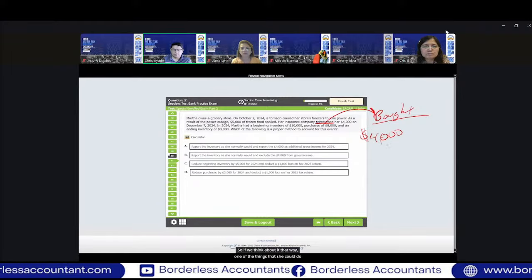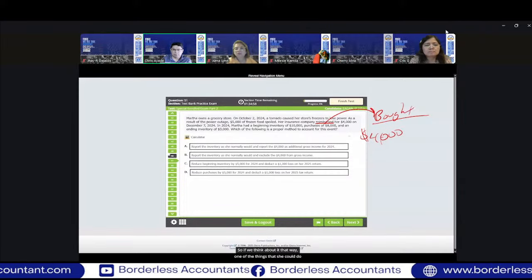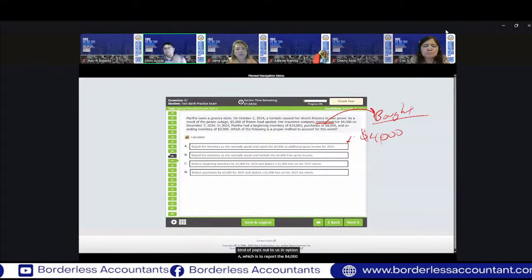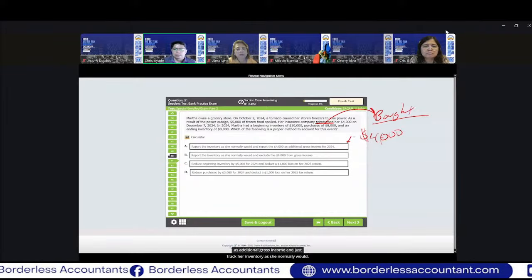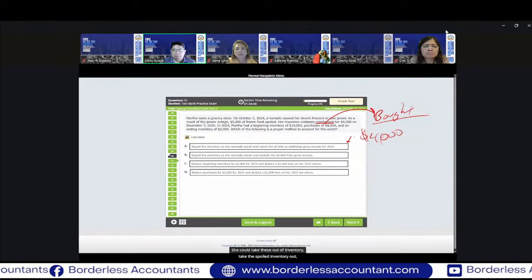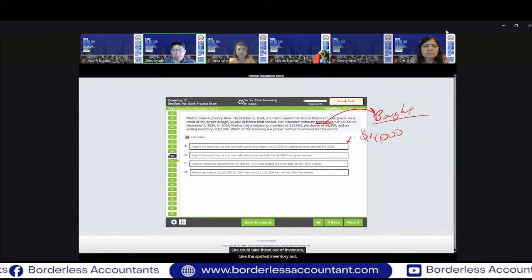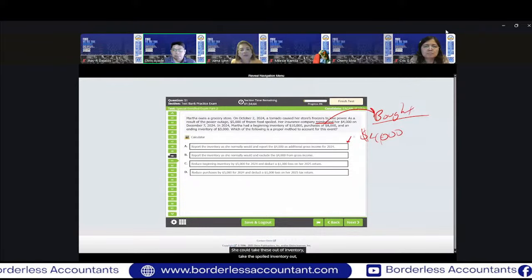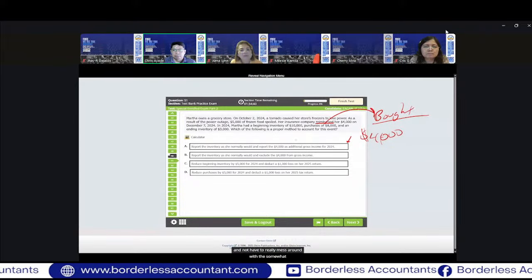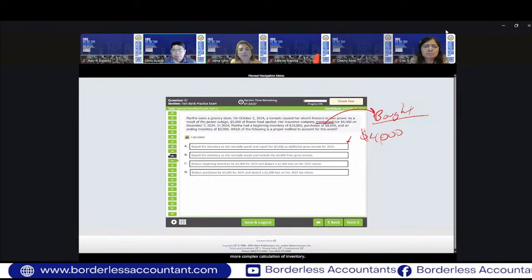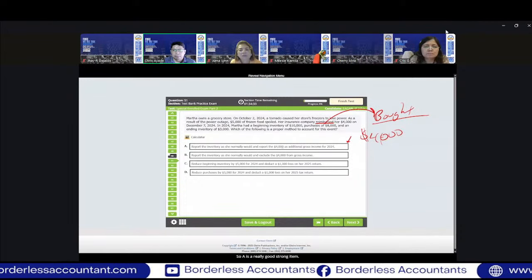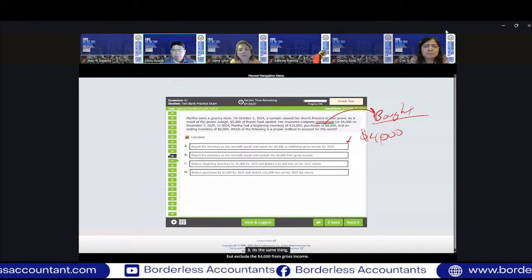So if we think about it that way, one of the things that she could do pops out to us in option A, which is to report the $4,000 as additional gross income and just track her inventory as she normally would. She could take the spoiled inventory out and not have to really mess around with the somewhat more complex calculation of inventory. So A is a really good, strong item.